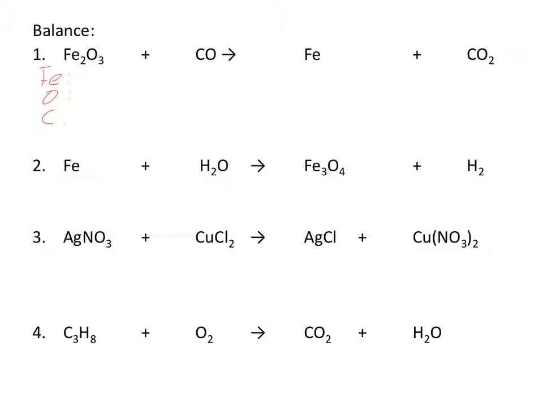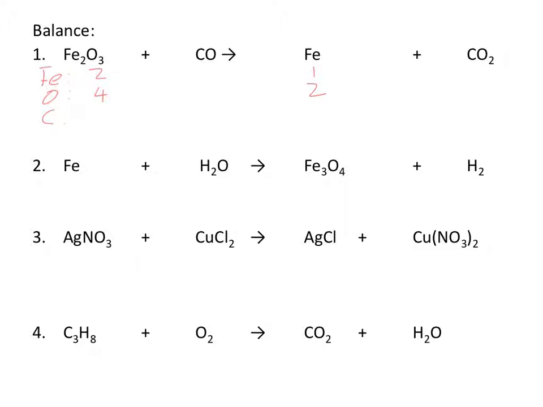So it's a very valuable equation. And let's tot up the iron atoms. We've got 2 here and 1 over there. The oxygen atoms, we've got 3 here and 1 there, so on the left hand side we've got 4, and on the right hand side we've just got 2.